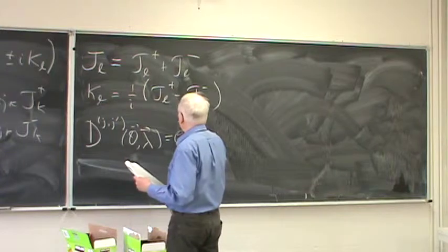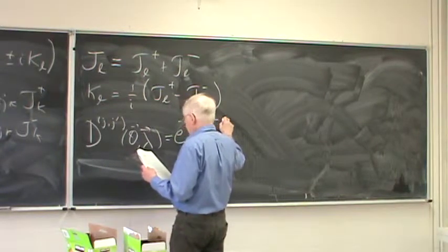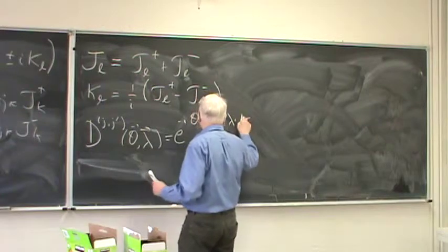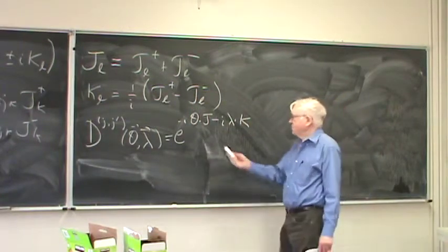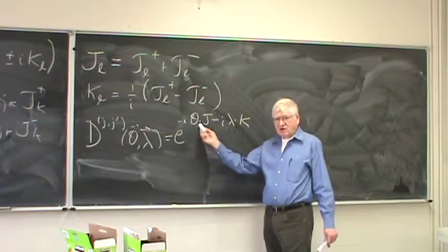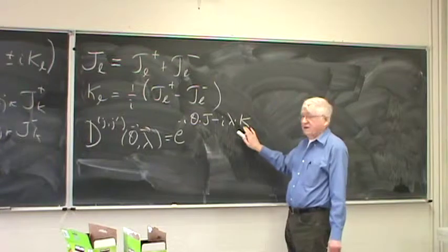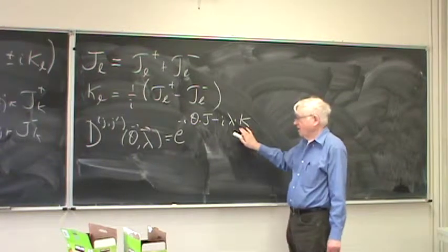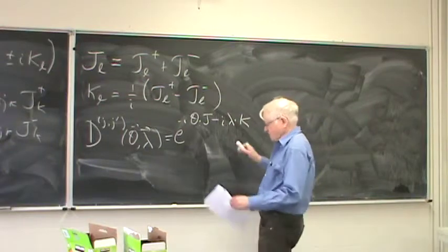This would be e to the minus i theta dot J minus i lambda dot K. And the J's, of course, are Hermitian, so this part is unitary, but the K's are anti-Hermitian, so this part is not unitary. And this is the boost part.